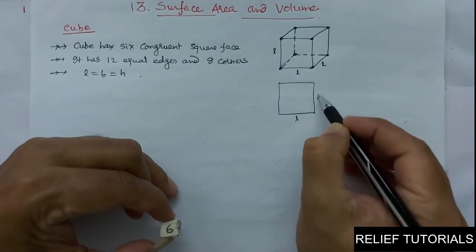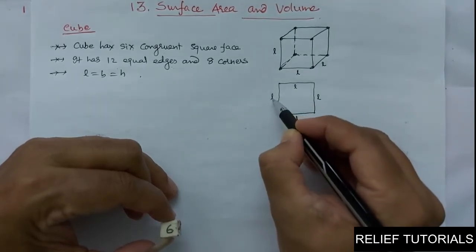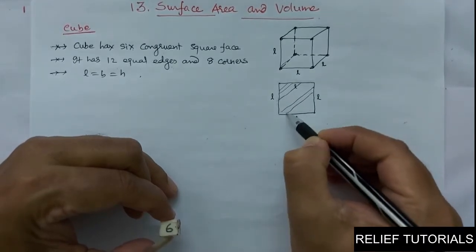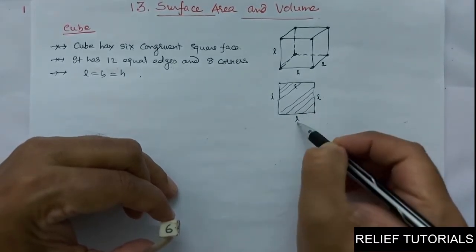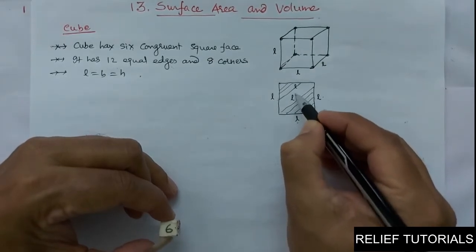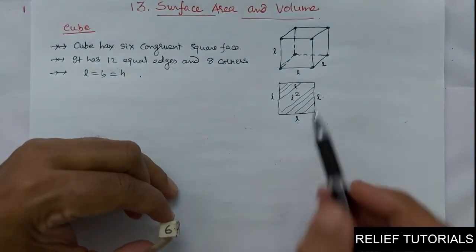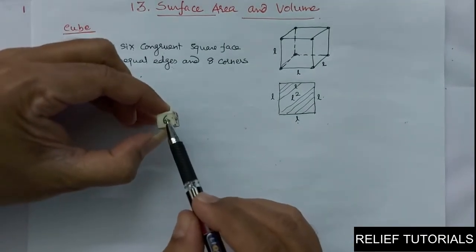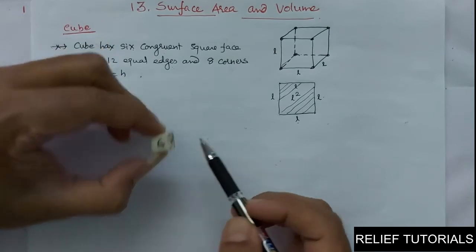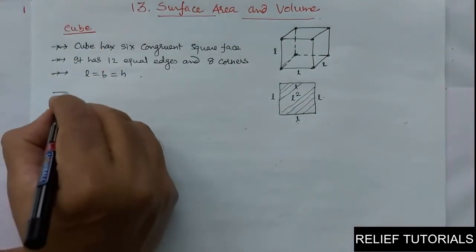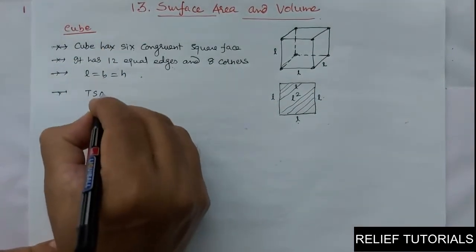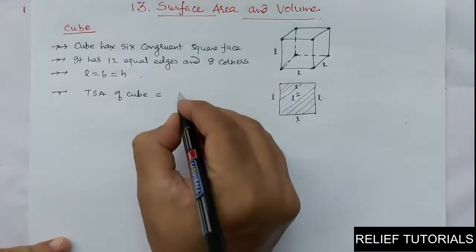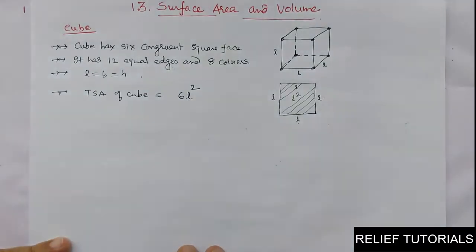This is L, this is L, this is also L, this is also L. The area of a square is side squared, so area of one face is L square. How many faces does it have? 6 faces. So the total surface area of a cube is the area of 6 faces, which equals 6L square.